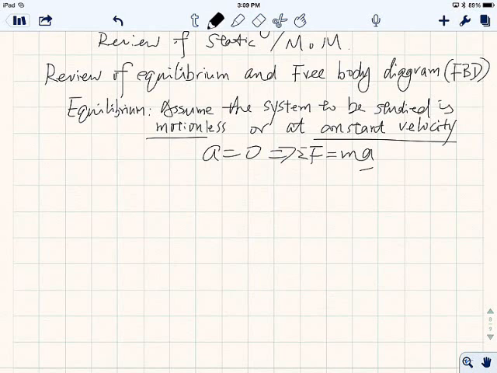When you don't have any acceleration, that tells you the summation of external force is 0. So when it's motionless or at a constant velocity, we say this system is at equilibrium.